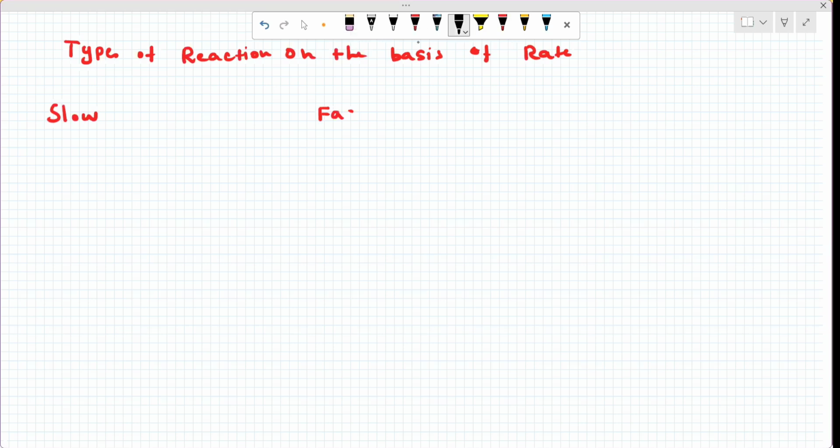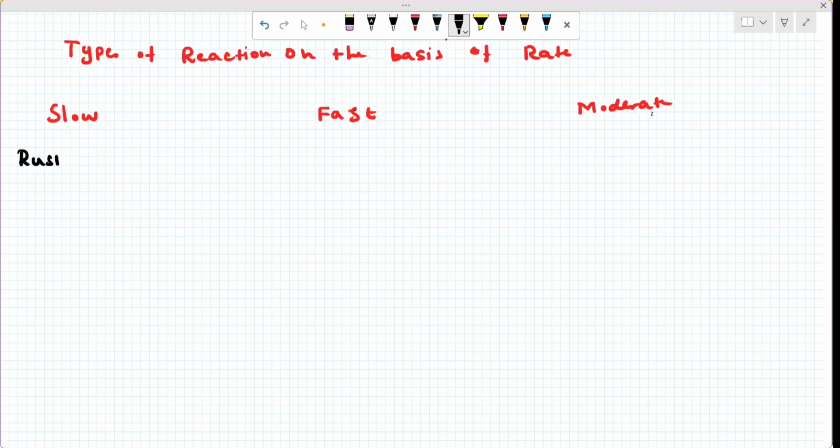Slow reaction, fast reaction, moderate reaction. Tell me a slow reaction example, students. Rusting of iron, right? A slow reaction.